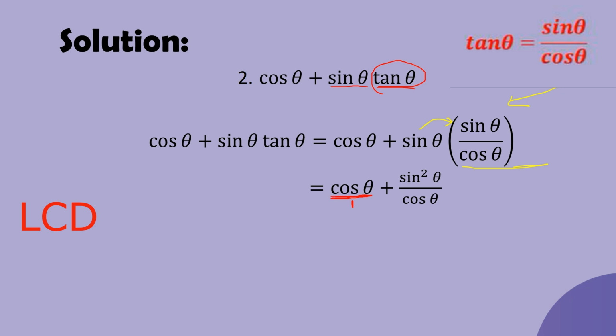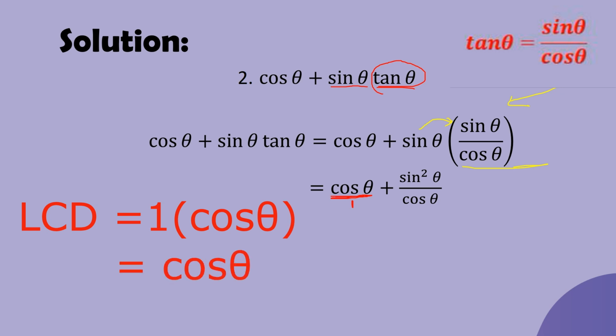And one easy way to get the LCD is to multiply the denominators together. So your LCD is 1 multiplied by cosine theta, which is cosine theta. So what we are going to do is to rewrite cosine theta and add them together.